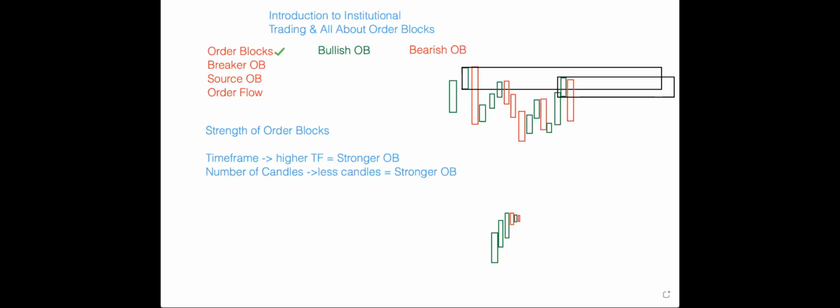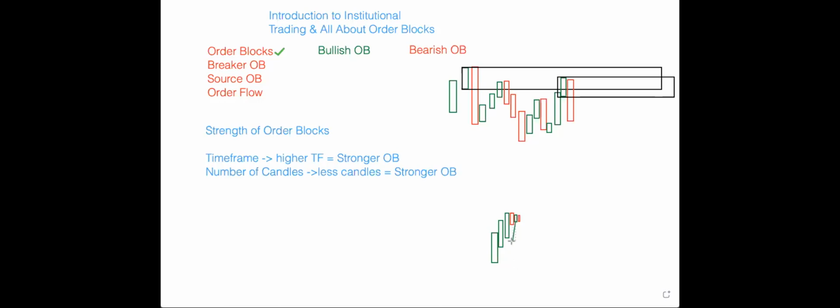And consider this one with the wick. I mean the bullish one, sorry, hold on. Yeah, this bullish one, I want the wicks.